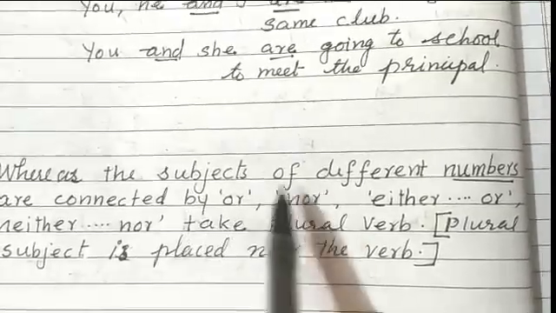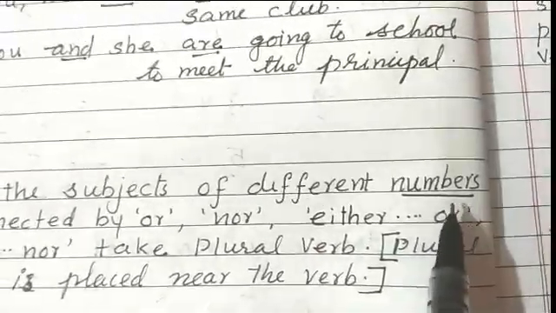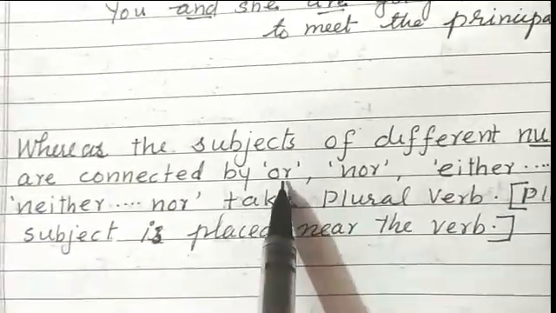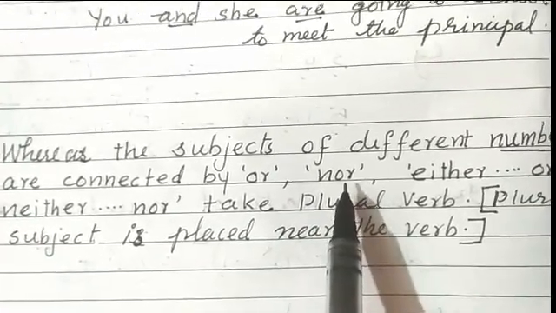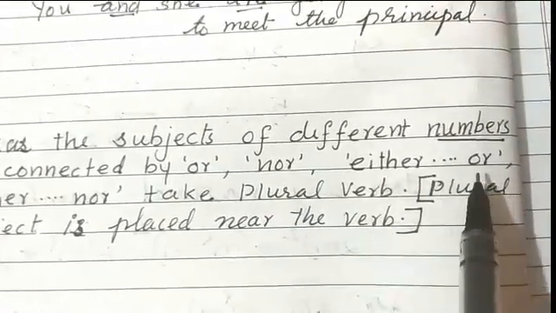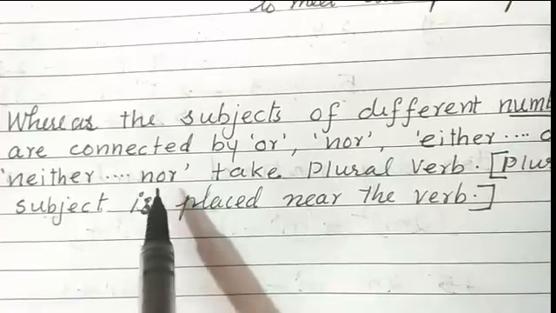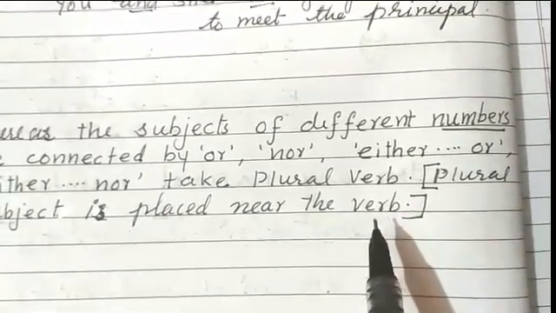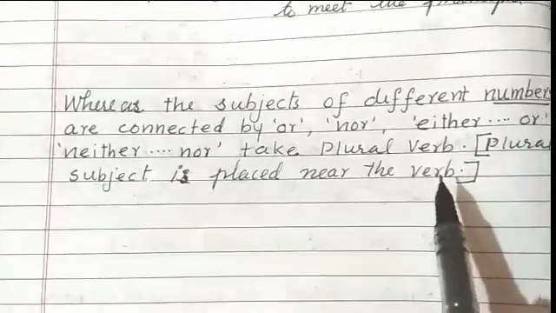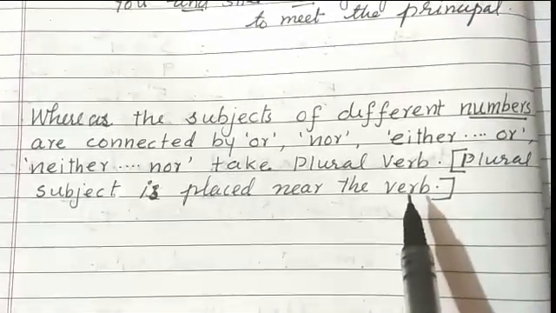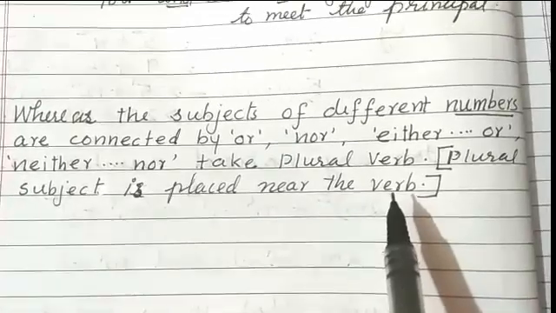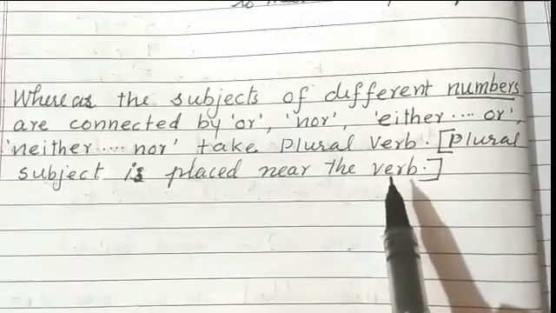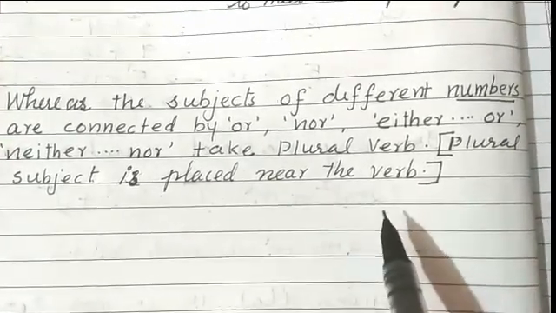Whereas the subjects of different numbers connected by or, nor, either or, neither nor take a plural verb.